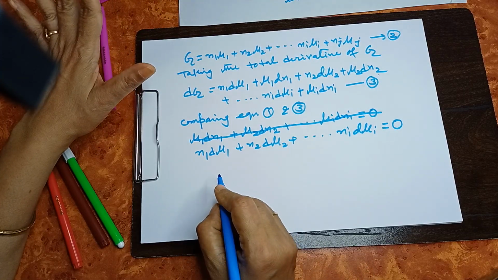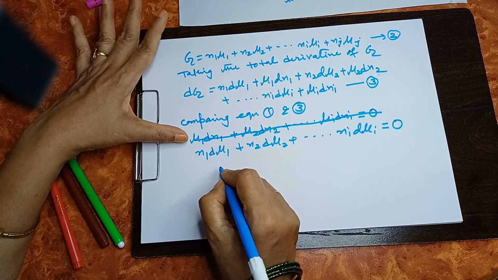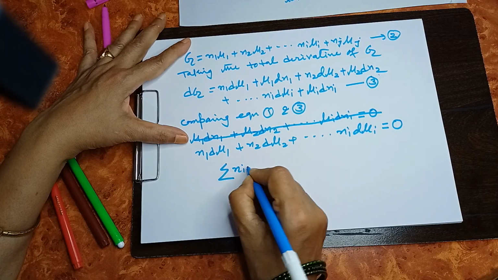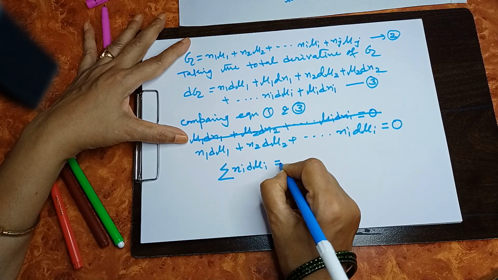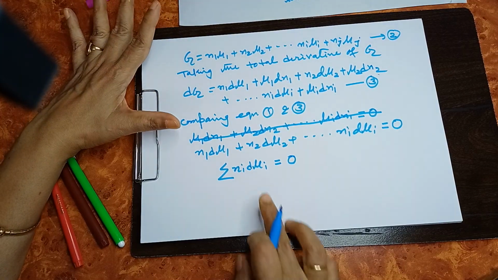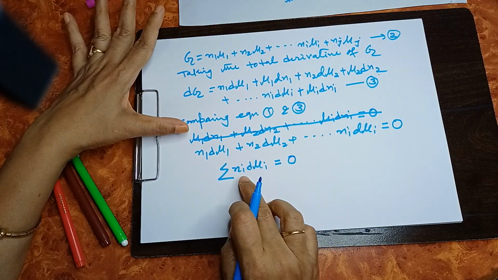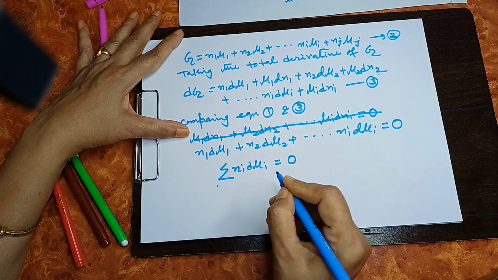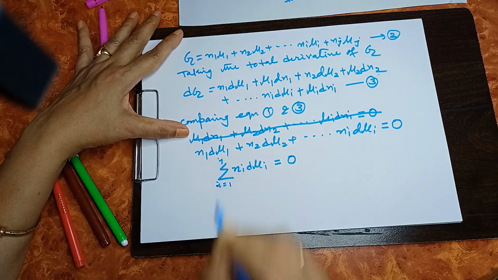This is your Gibbs-Duhem equation. So I can write the summation of ni d mu i is equal to 0, where i is 1 to j, as I have taken.